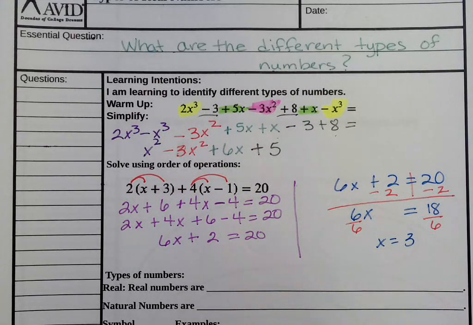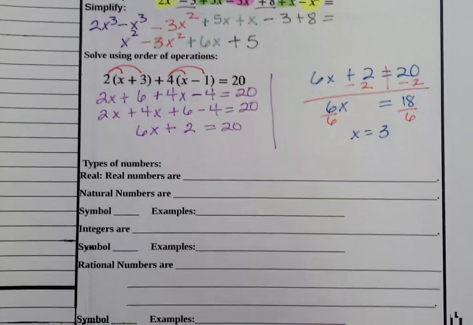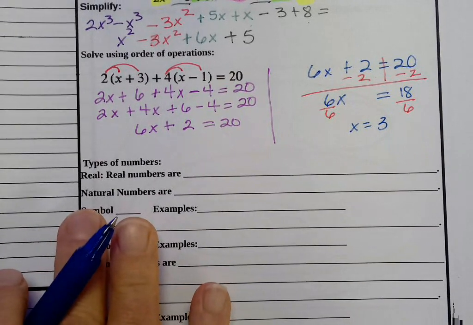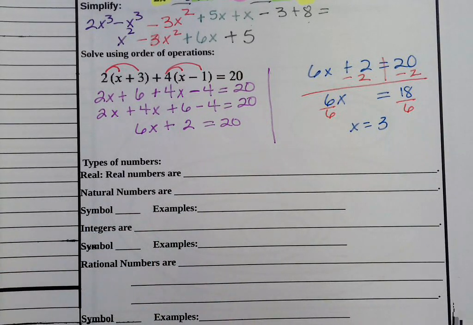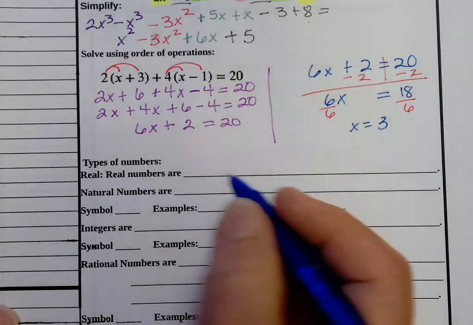Now we're getting into the types of real numbers, and you have to know what they are. So real numbers are the first one we're starting with. The symbol for real number is an R with an extra line in it.